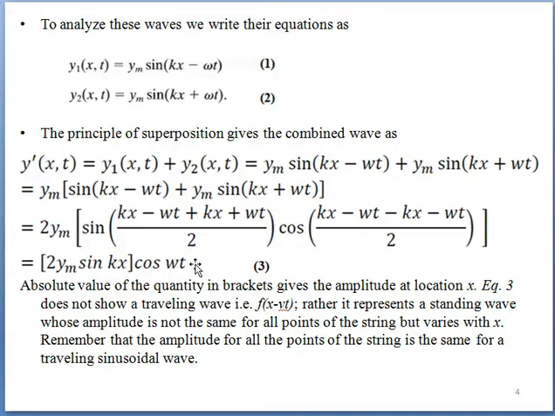Look at the quantity in the brackets. The absolute value of this quantity gives the amplitude of a standing wave at position x. If we change x, that will change sine of kx, and ultimately it will change the whole quantity ym sine of kx. So at different locations the amplitude is not the same for a standing wave, while for a traveling wave the amplitude is the same for all the points of the stretched string.